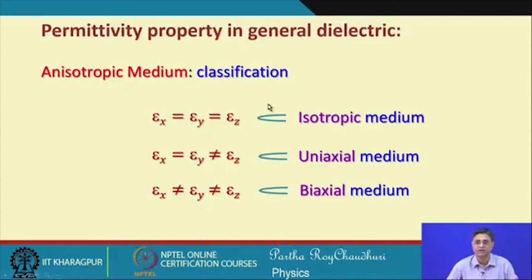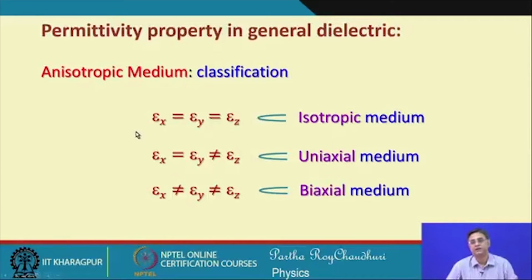So, in an isotropic medium, it is the same for all directions, whether the electric field is incident along any arbitrary direction, or along the x direction, or along the y direction, or any other direction.